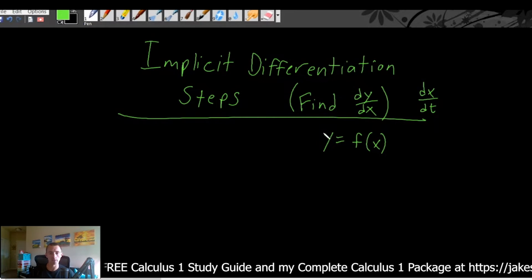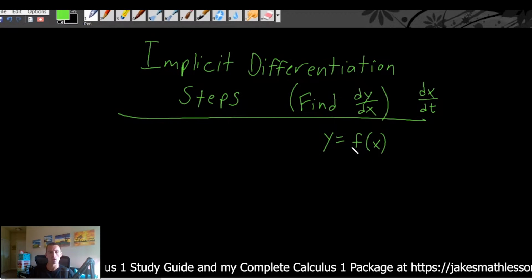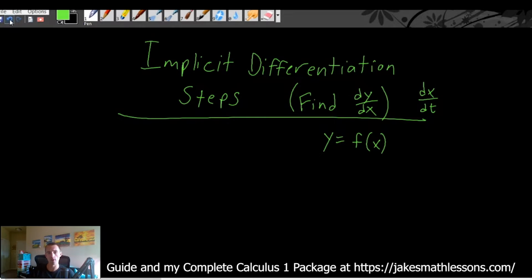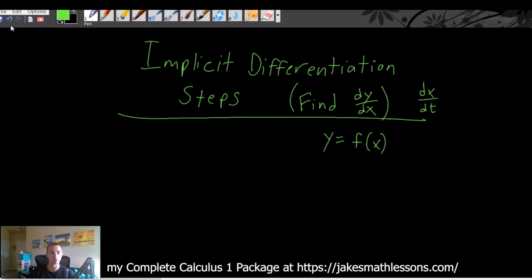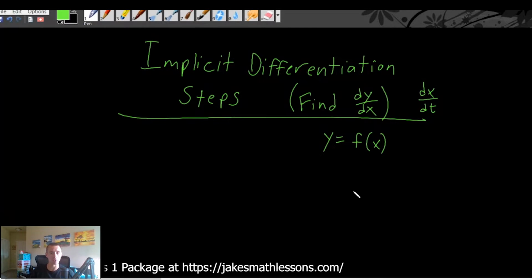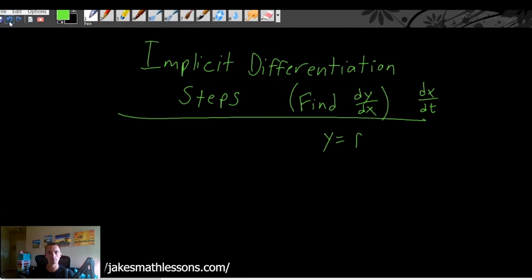But the type of situation where you have to apply implicit differentiation is where you have x's and y's all mixed together, and you can't solve for y and get it all by itself. And that's why the differentiation is considered implicit, because we don't have an explicit formula for our function of y. So we have to use a different method.